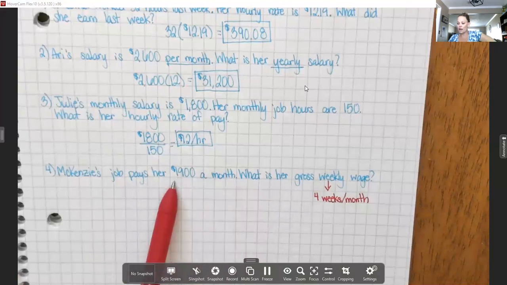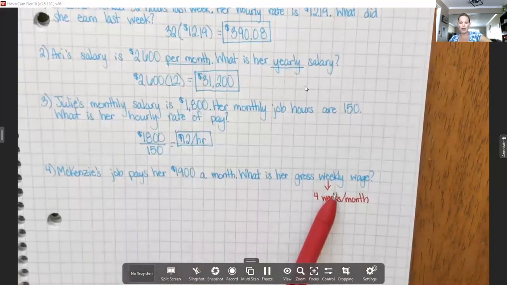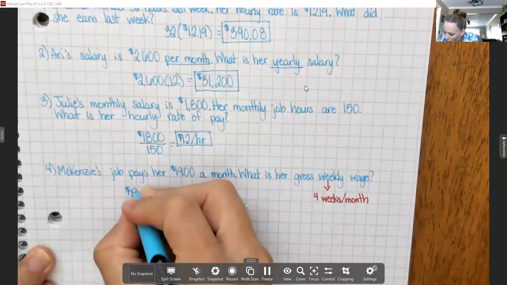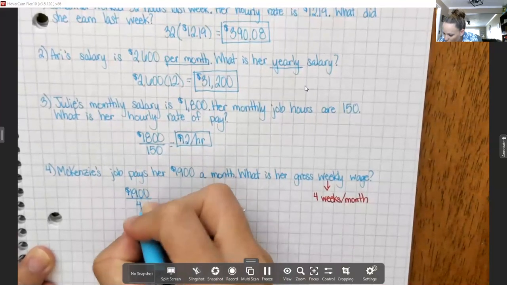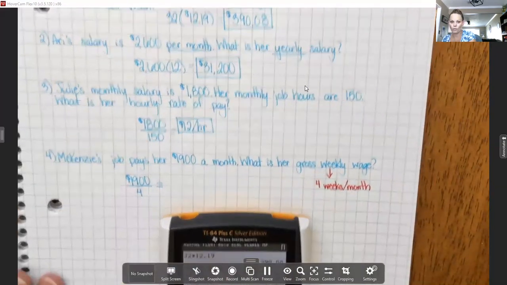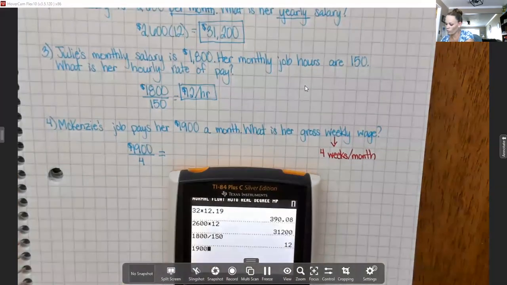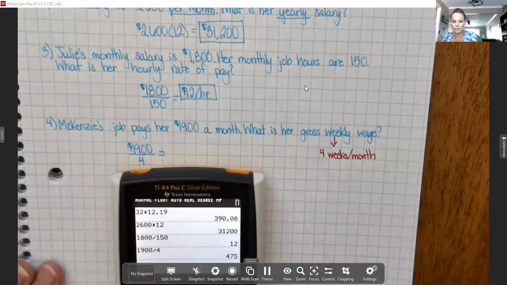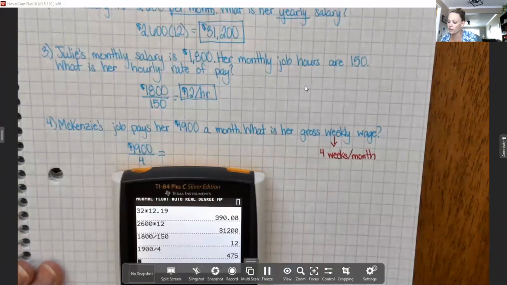So if she's paid $1,900 a month, we want to know how much she's paid per week. We're just going to round to 4 weeks, even though we know there's often 30 or 31 days in a month. So here we're just going to do the $1,900 divided by the 4 weeks. So Mackenzie's making $475 per week.